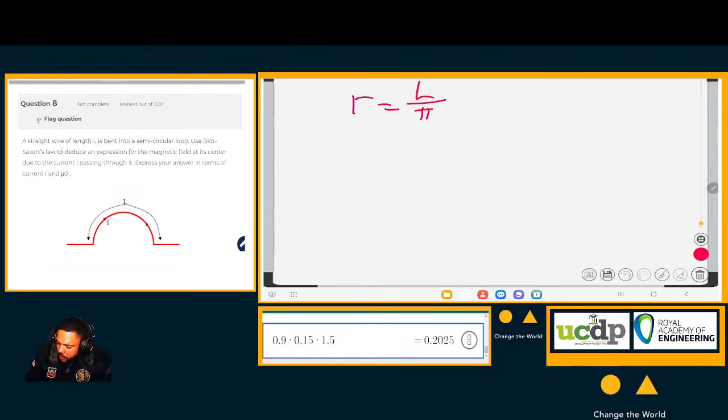Now we know that the magnetic field is equal to mu naught times the, this is from, and they ask us here, use the Biot-Savart law to deduce an expression for the magnetic field at its center due to the current I passing through it, and express your answer in terms of the current I and mu naught.